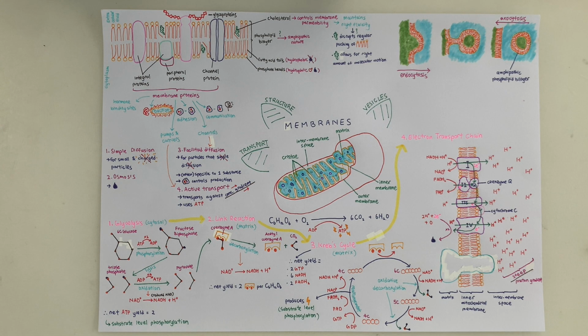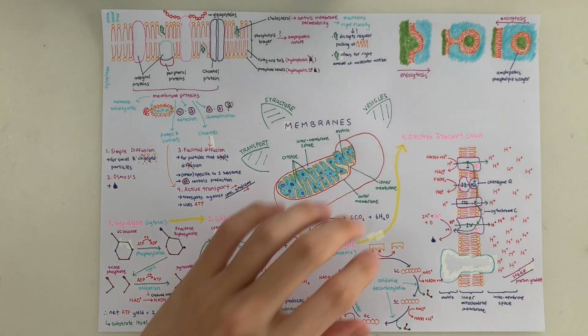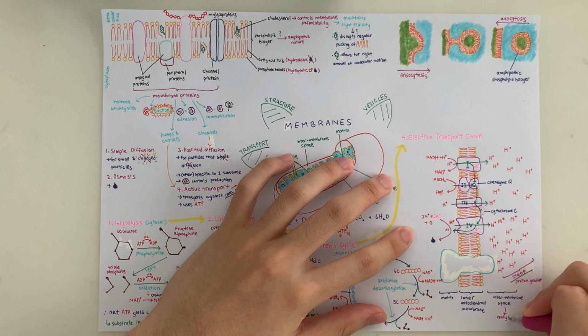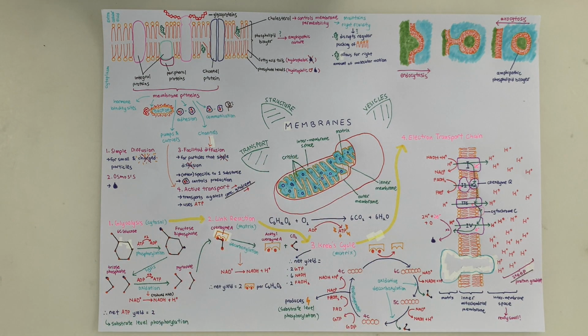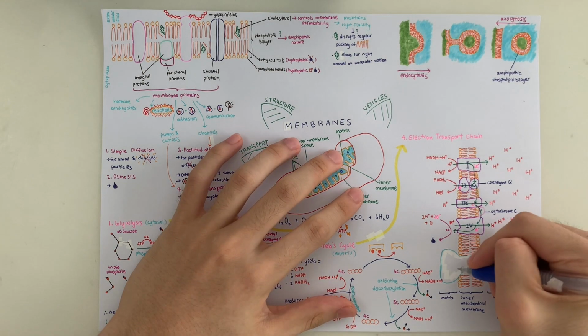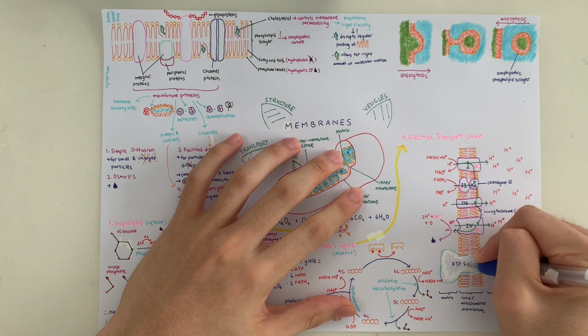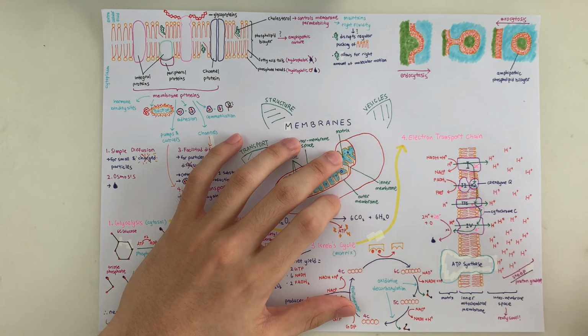Firstly, the large number of proton pumps in the inner mitochondrial membrane, which we have already seen. Secondly, the intermembrane space is really small, which allows the concentration of protons to build up quickly. Lastly, the formation of water that occurs at protein complex 4 reduces the number of protons in the matrix, allowing for a steeper gradient.